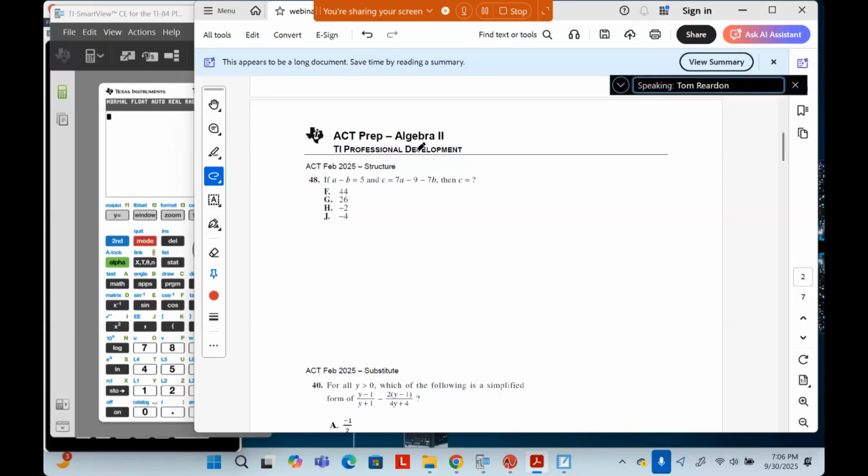Okay, so this first one, structure, and this is kind of new. I know, Tom, we worked on the SAT, and the SAT loves structure problems, but this has been popping up on the ACT as well. And of course, you can solve this if you piece this together and see that you can factor out the GCF there.